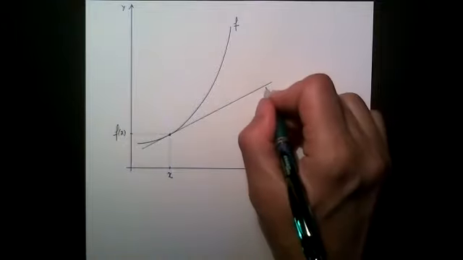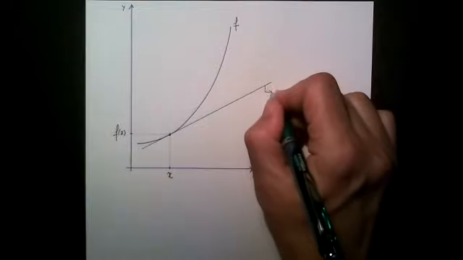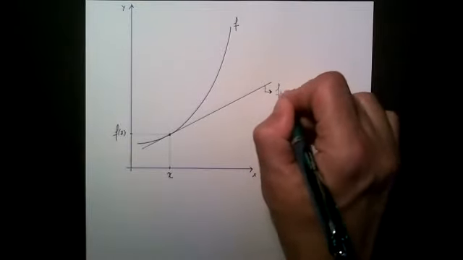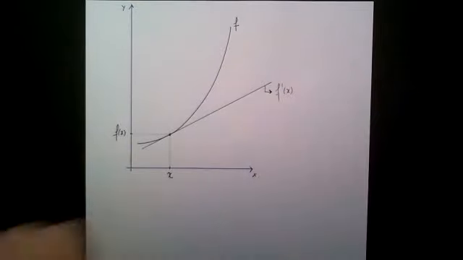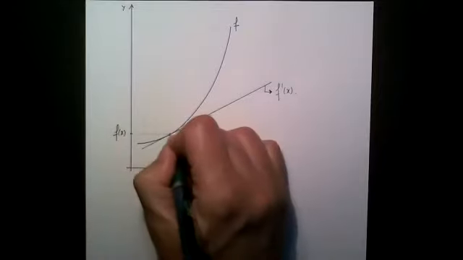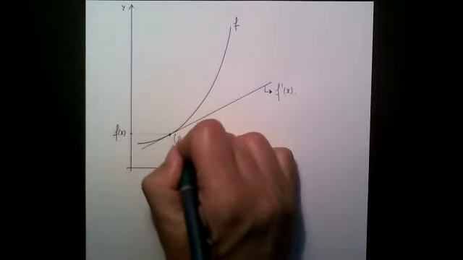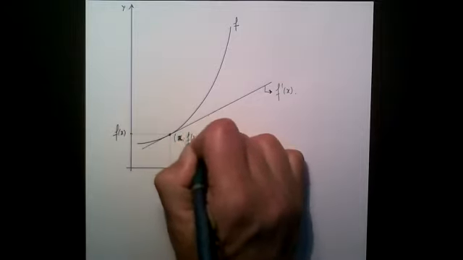Okay, so the slope here is what I'm calling f prime of x. And this point here is x and f of x.